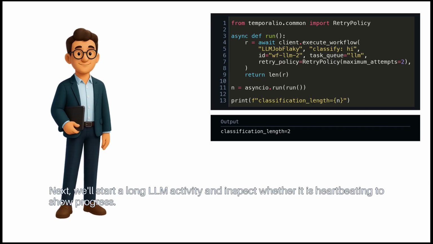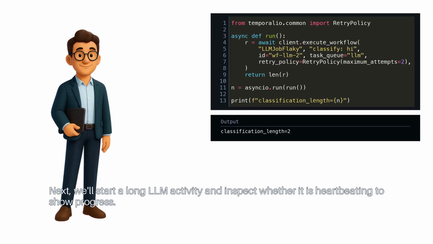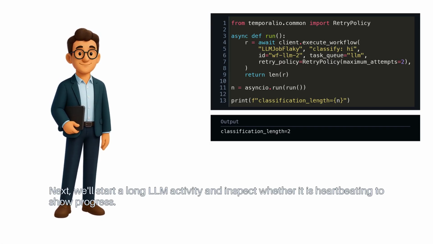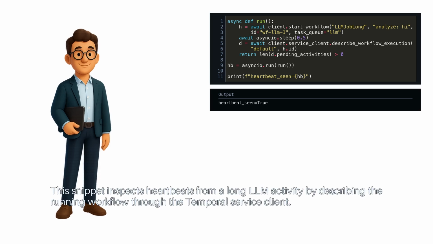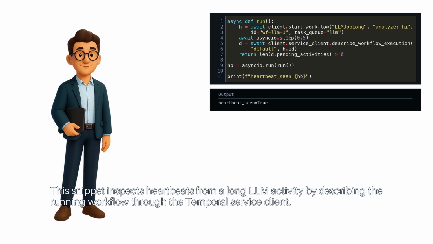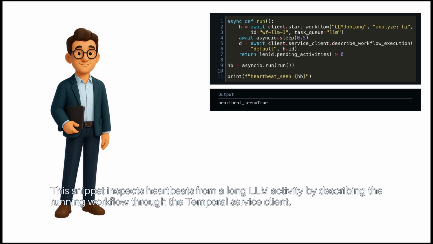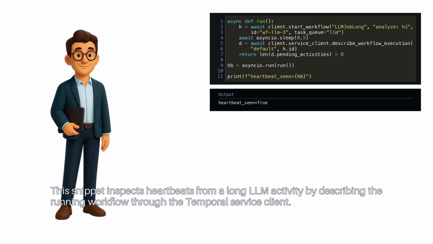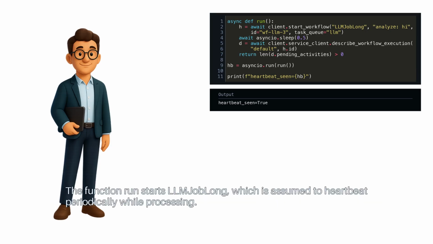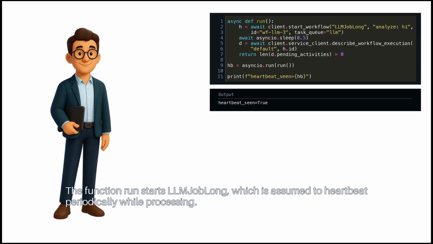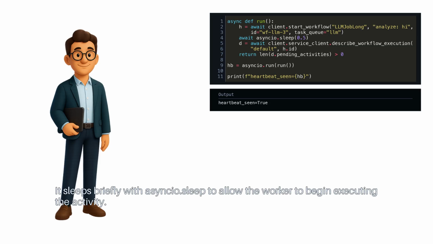Next, we'll start a long LLM activity and inspect whether it is heartbeating to show progress. This snippet inspects heartbeats from a long LLM activity by describing the running workflow through the Temporal service client. The function run starts LLMJobLong, which is assumed to heartbeat periodically while processing. It sleeps briefly with asyncio.sleep to allow the worker to begin executing the activity.